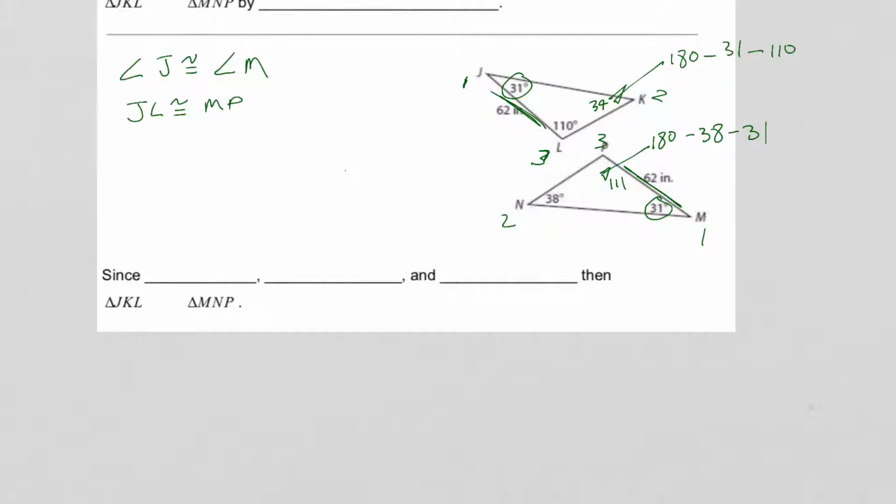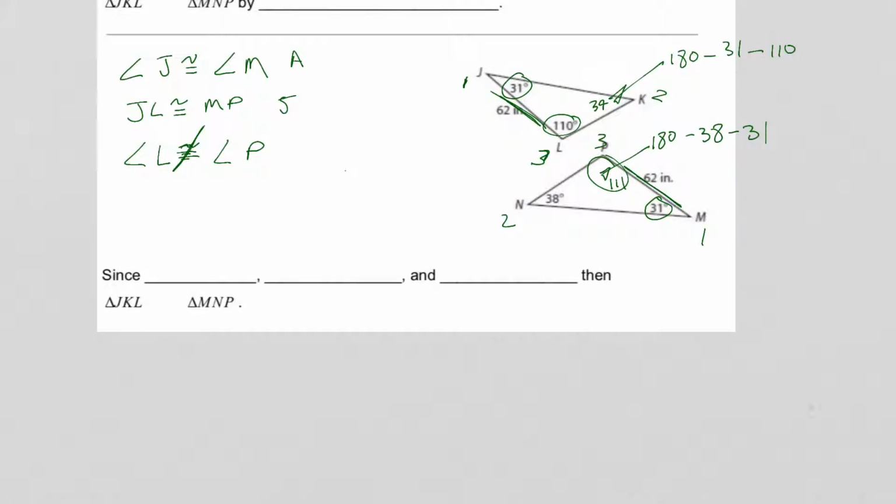And now that we've done that, what about this last angle? 110 and 111. Talk about angle L and angle P. These are not congruent. They are different measures. So you have basically angle, side, and that's it. You don't have the other angle.